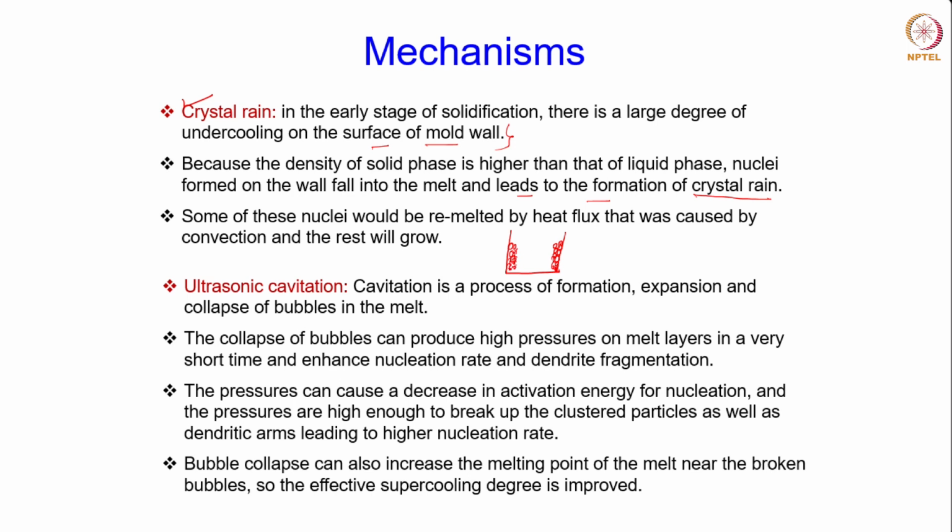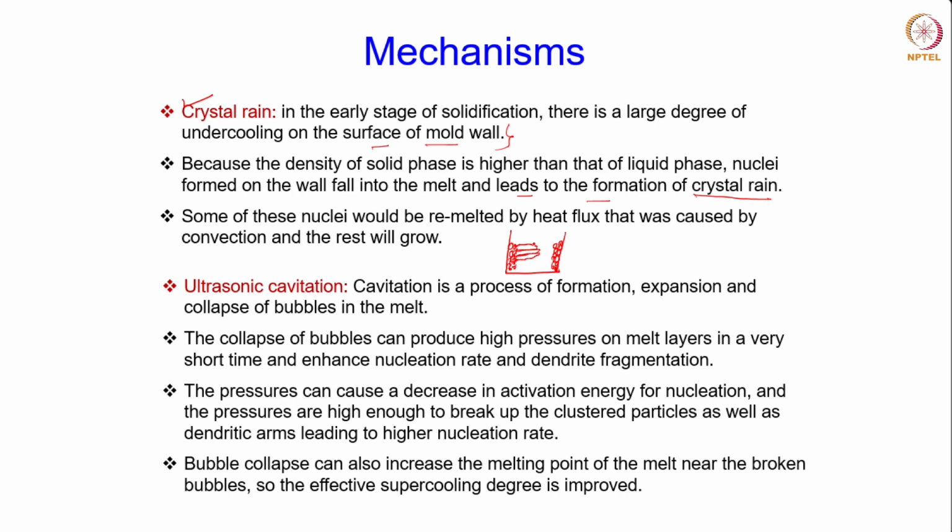And if you go away from the mold wall, then it will take up those dendritic or columnar kind of morphology as the thermal gradient develops, right? So these fine solid nuclei formed on the mold wall can get detached from the mold wall because of the density difference and get dispersed in the liquid.